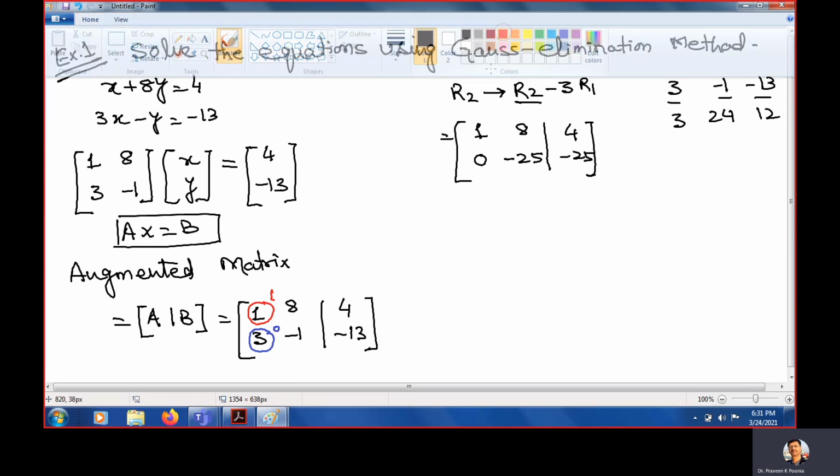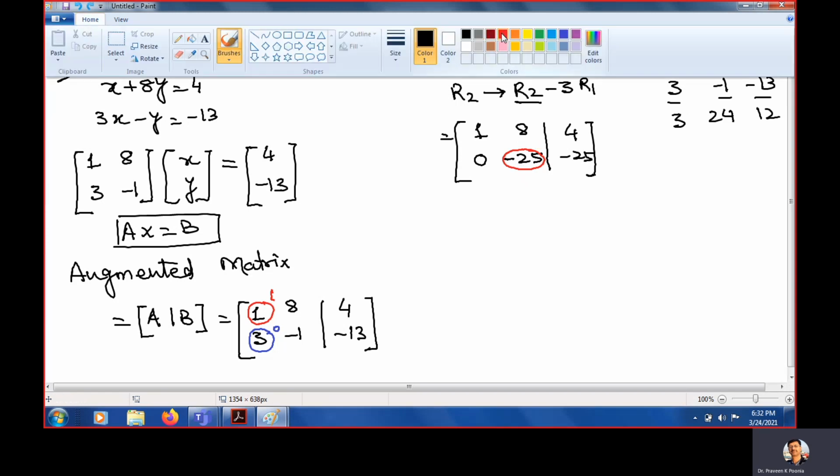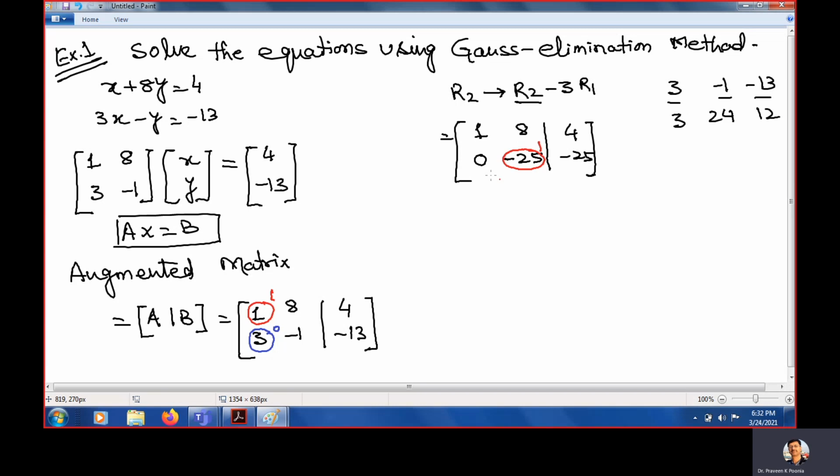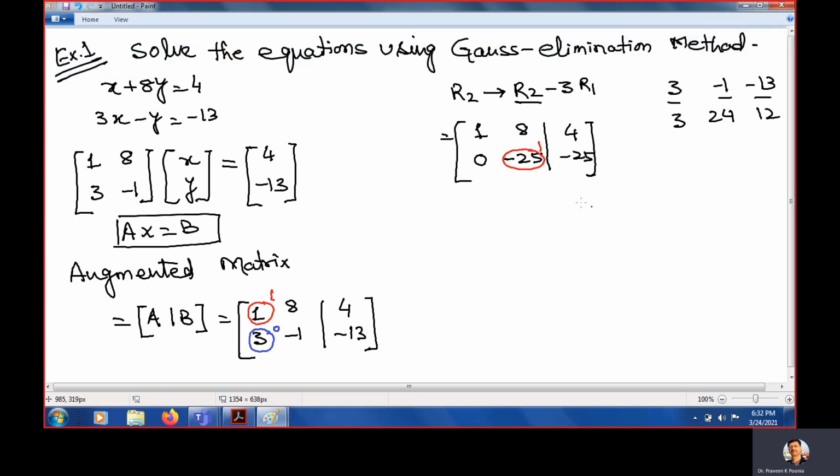Now the next step in this question is to make this entry 1. Sorry, not 0, we need to make this entry equal to 1. How can you make this entry equal to 1? The procedure is very simple. Divide R2 by negative 25.